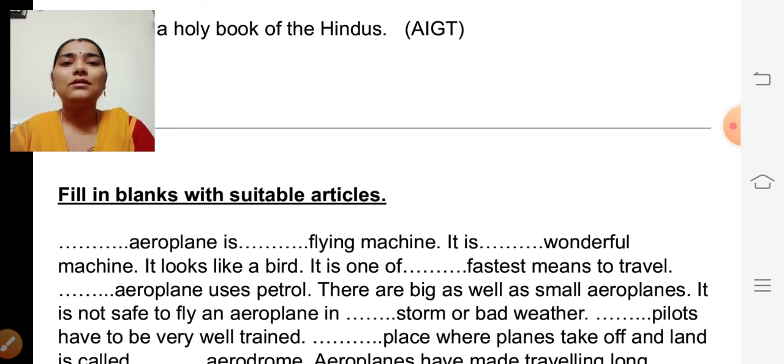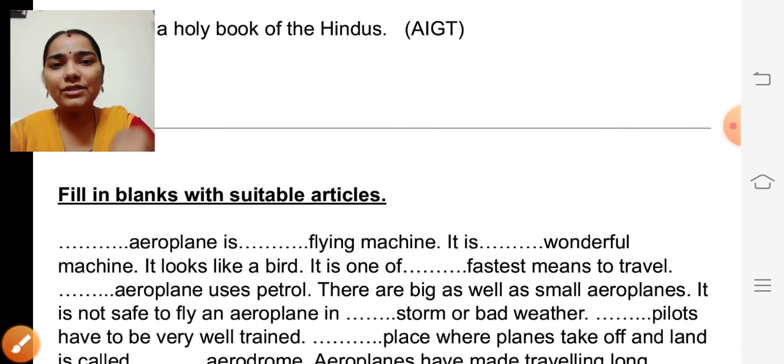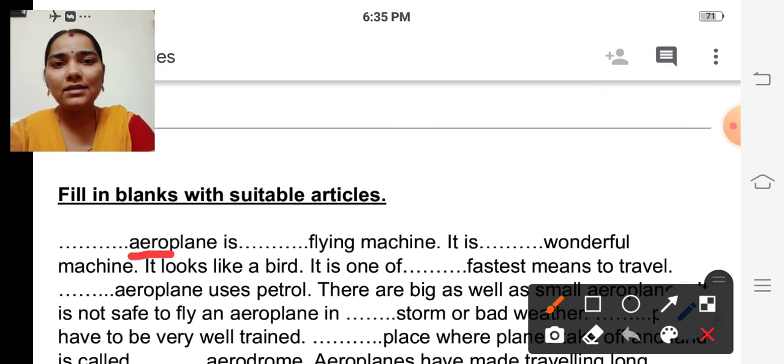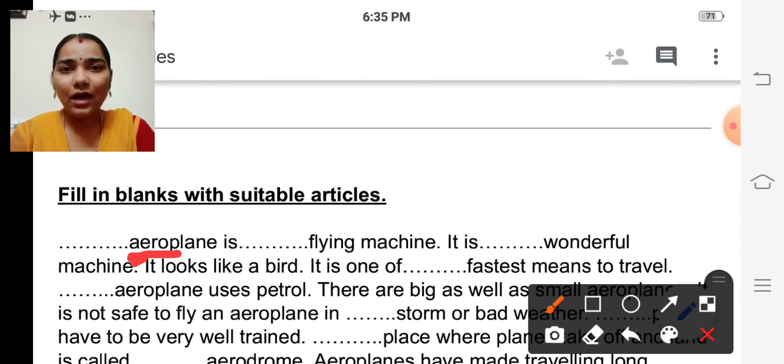See, dash aeroplane is dash flying machine. Aeroplane starts with the letter A. A is a vowel, isn't it? So which article should come? An, isn't it?